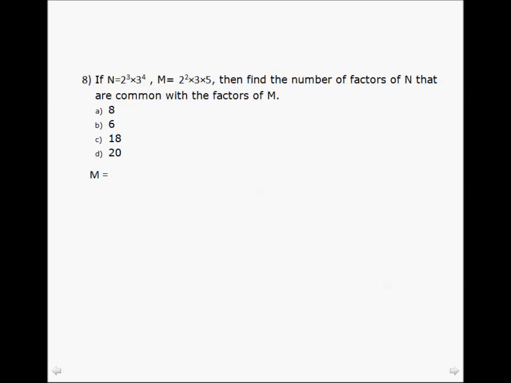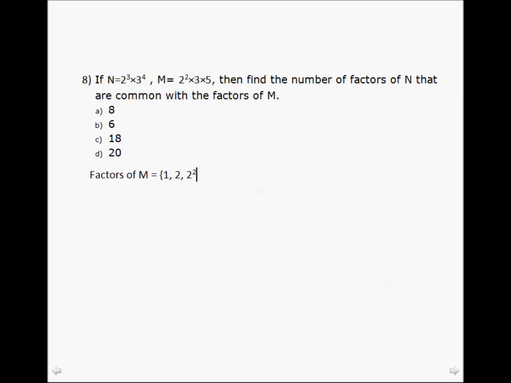So the factors of m which have 2s and 3s only would be: one would be 1, right, which is common to both. The another factor would be 2. The another factor would be 2 square, right? So these are the factors which have only 2's.